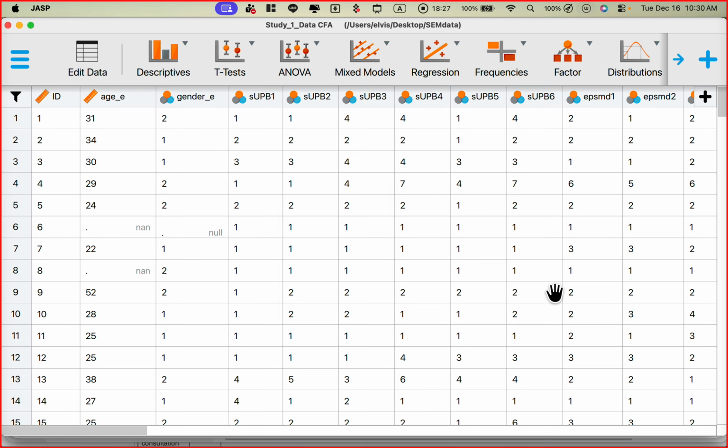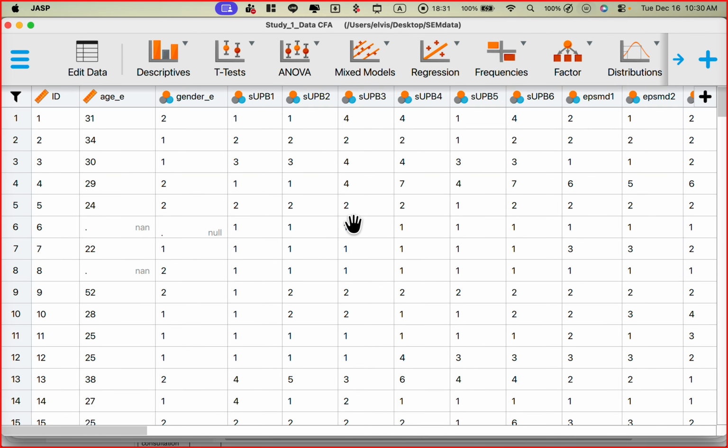CFA. Of course, you have to modify the indicator to the scale level. It's supervisor UPB, meaning unethical pro-organizational behavior. You can modify all of it. Scale, scale, scale, scale.